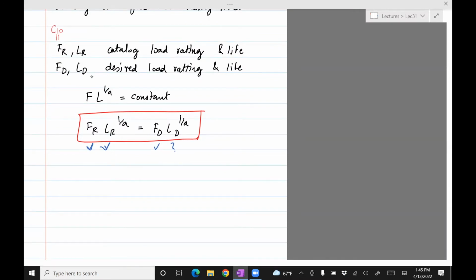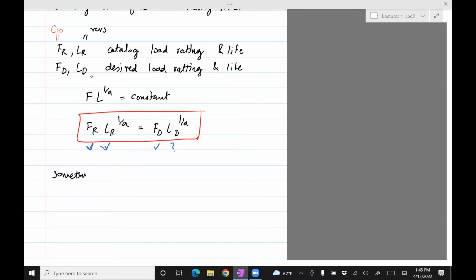Now, sometimes people like to not use L_D. L_D and L_R are in revolutions, and you want to use something else. So L, by the way, is in revs.